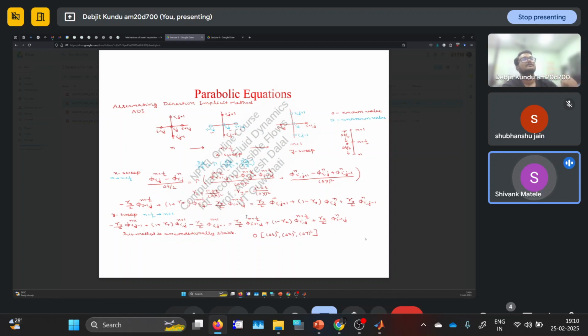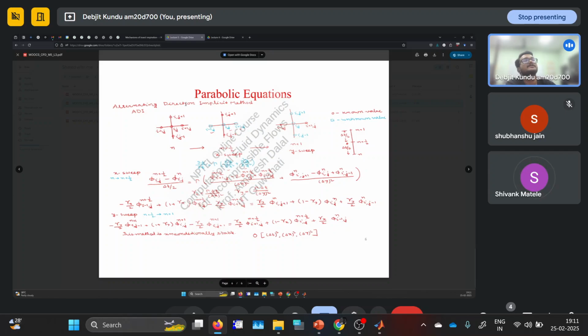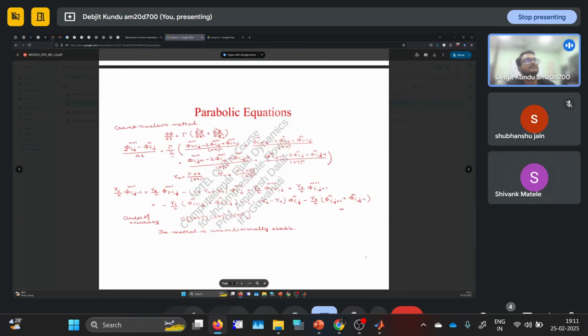At one point it was said that we need to convert a pentadiagonal into tridiagonal to solve it. No, we can't directly convert. We just discretize in a different way so that we get tridiagonal matrices. This way of discretizing in the ADI method is different from what we did over here, right?